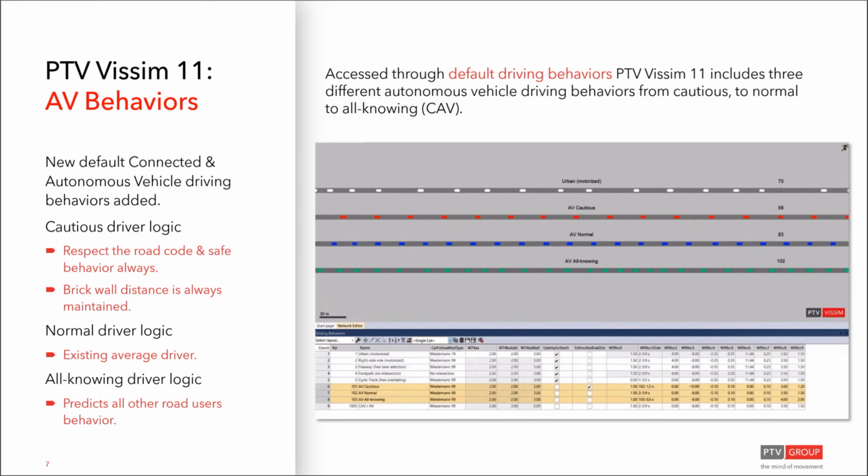So cautious driving logic is driving very safe, keeping a higher safety distance compared to normal human drivers, what we observe today. They respect the road code, and they keep a quite high safety distance. We call it the brick wall distance. I'll explain that in a second.